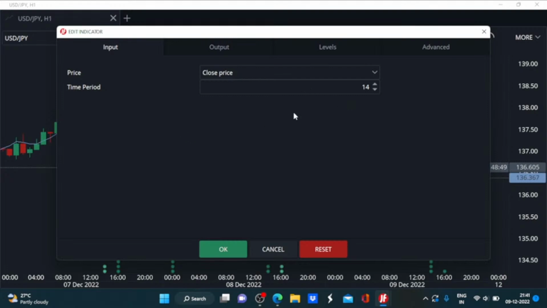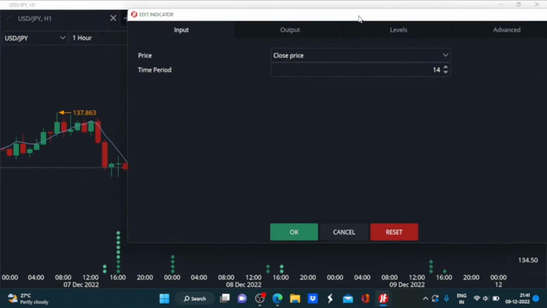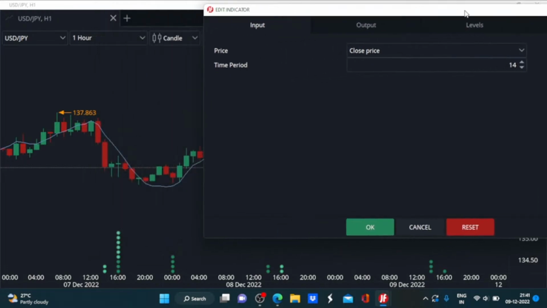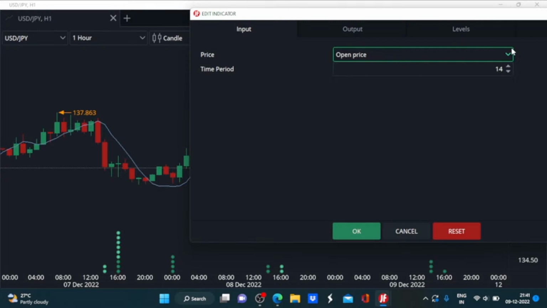The input value, we get the price point to define as per our requirement. We can use the close price, open price, high price, low price, or median price, typical price, weighted close price. So all these kinds of applied prices are permissible with this platform.